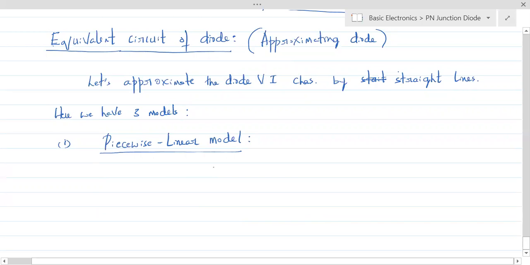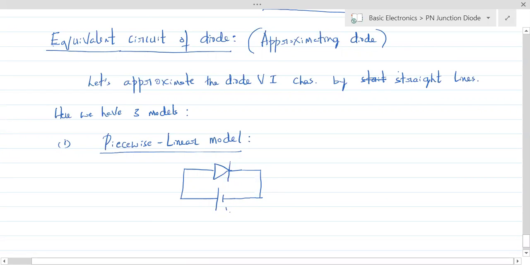So let's consider the diode in forward bias. What we need to do to get this diode in forward bias? We have to connect the P type to the positive of the battery and the N type to the negative of the battery. Understand that? Now, what all parameters would come into picture?